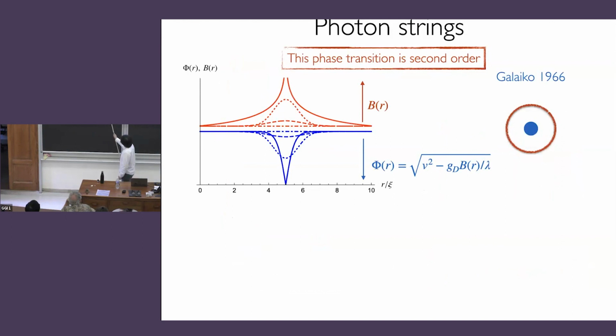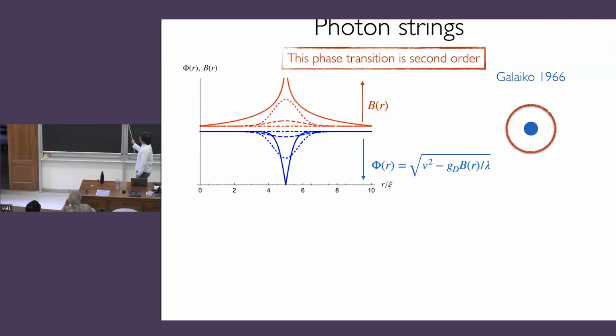And the way it works is shown in this figure, and let me walk you through it. So let's say you have a tiny bit of magnetic field perturbation at this point, which makes the B field a little bit larger. Okay? So from this equation, what you will see is that the phi field wants to be a little bit smaller in the same region when the B field increases.